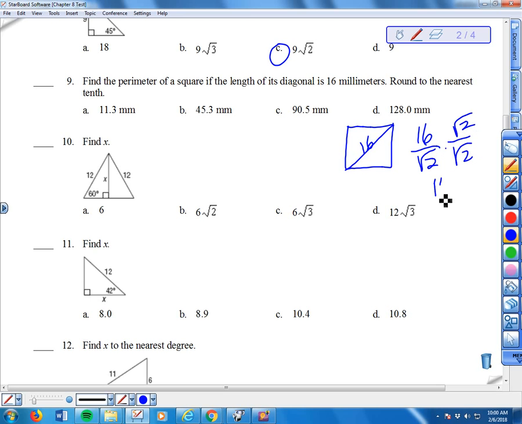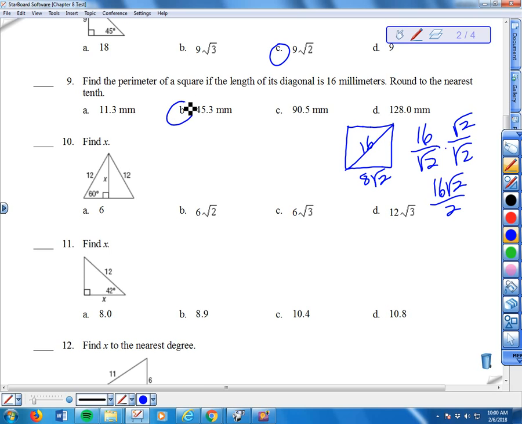So it's 16 square roots of 2 over 2, which is 8 square roots of 2. That's one side. And then I do that times 4 because I want the perimeter. Just add all 4. So 32 square roots of 2. Put that in the calculator. Thank you. 45.3.